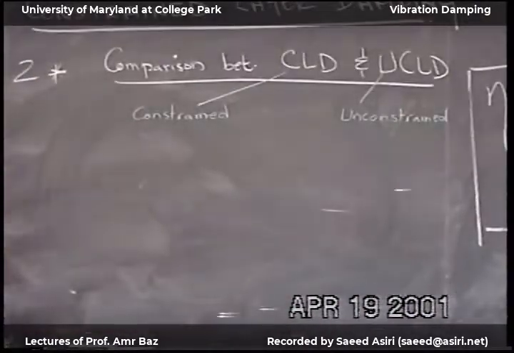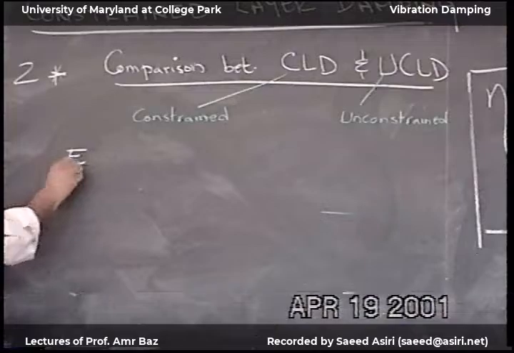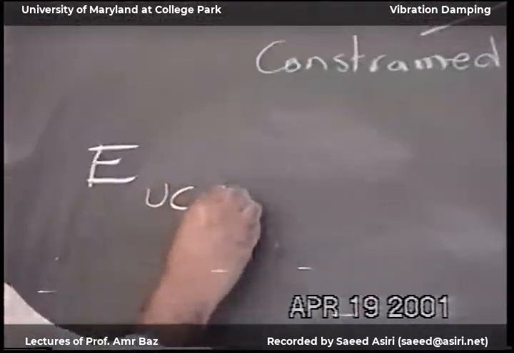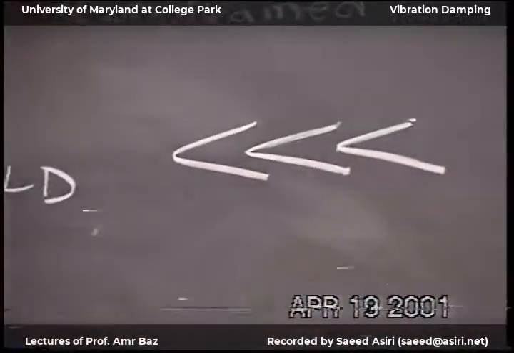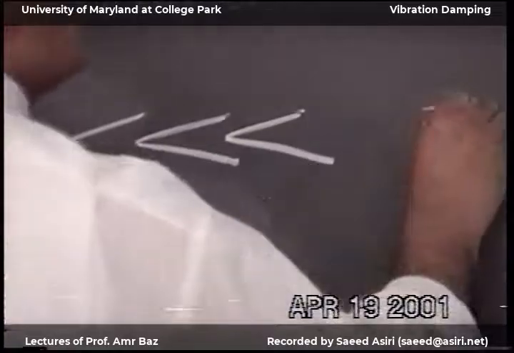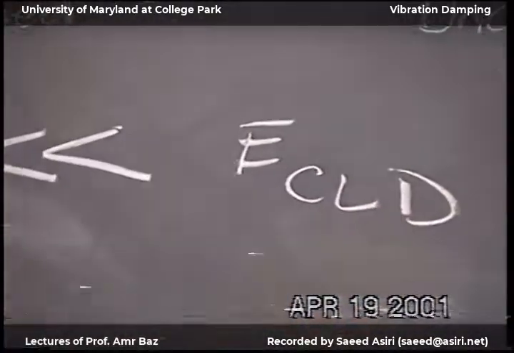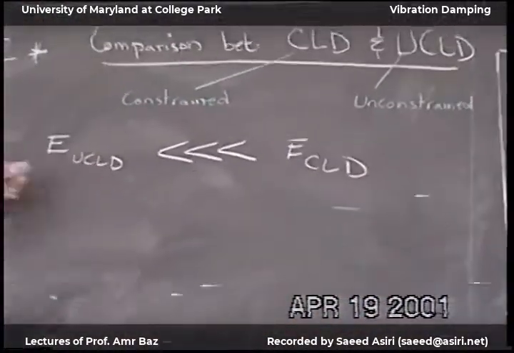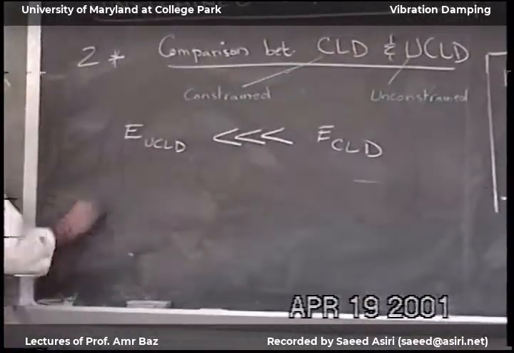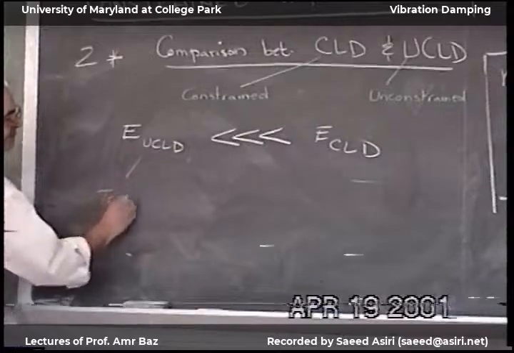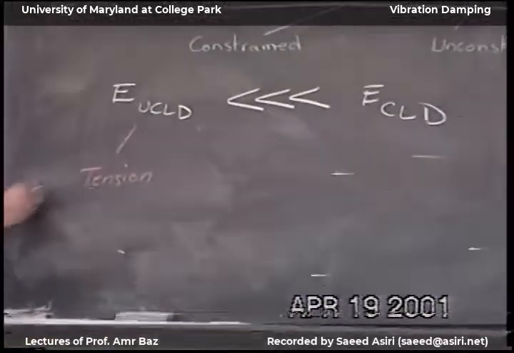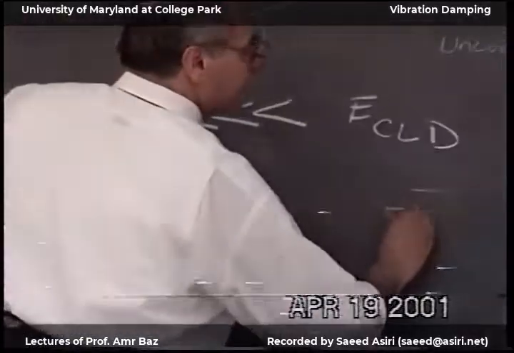And we found from here that the energy dissipation for the unconstrained layer damping is much, much smaller than the energy dissipated in the constrained layer damping. And the reason is this was in tension and this was in shear. The viscoelastic material is in tension and this, the viscoelastic material, is in shear.